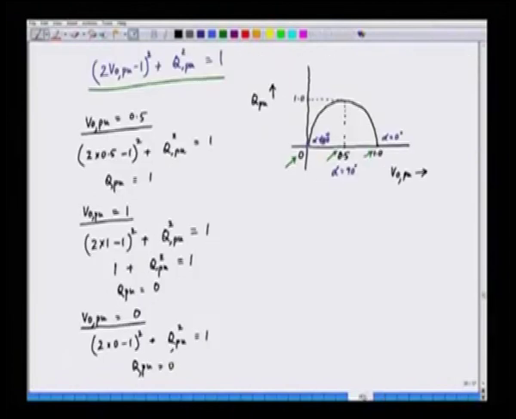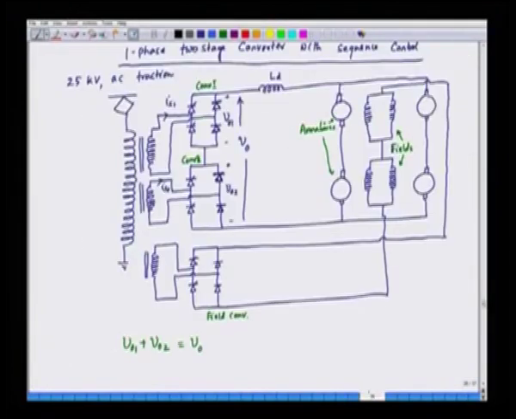So, what about the total current drawn from the supply? If we see the total current here, the total current which is coming in this case IS is IS1 plus IS2, because we are interested to find out the combination of this converter 1 and converter 2. So, converter 1 is drawing IS1, converter 2 is drawing IS2.